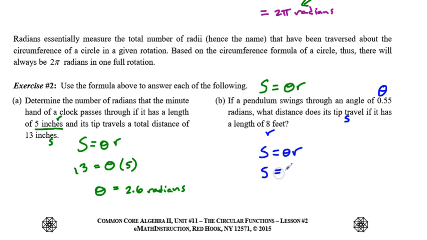So S is unknown, 0.55 times 8, and when you do that calculation, you've got 4.4 feet of arc that the tip of that pendulum swings.